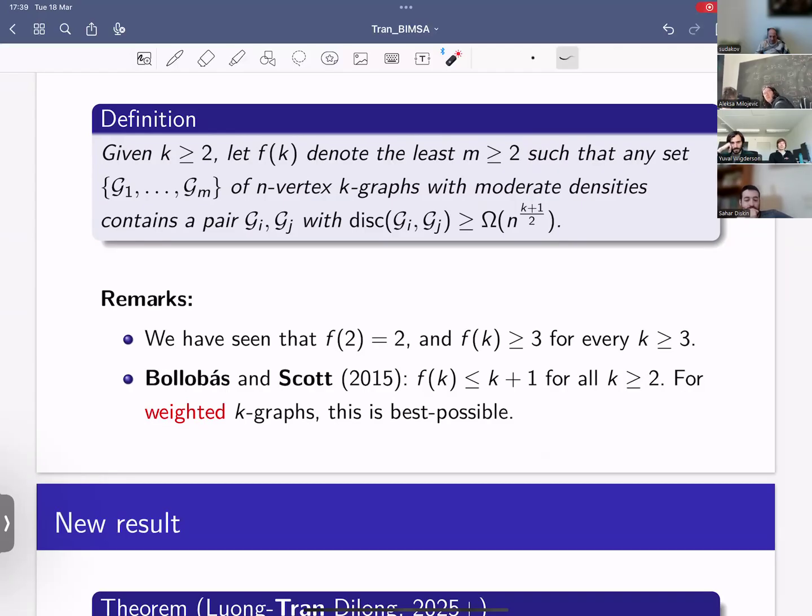In some sense this upper bound is best possible, for weighted k-hypergraphs. I just briefly mention this; I will not explain what the discrepancy of a weighted k-hypergraph is.